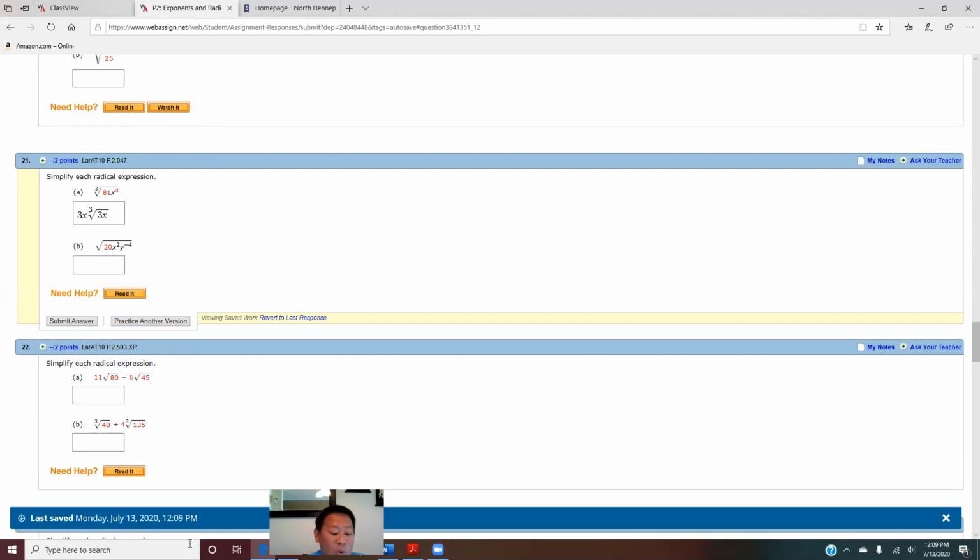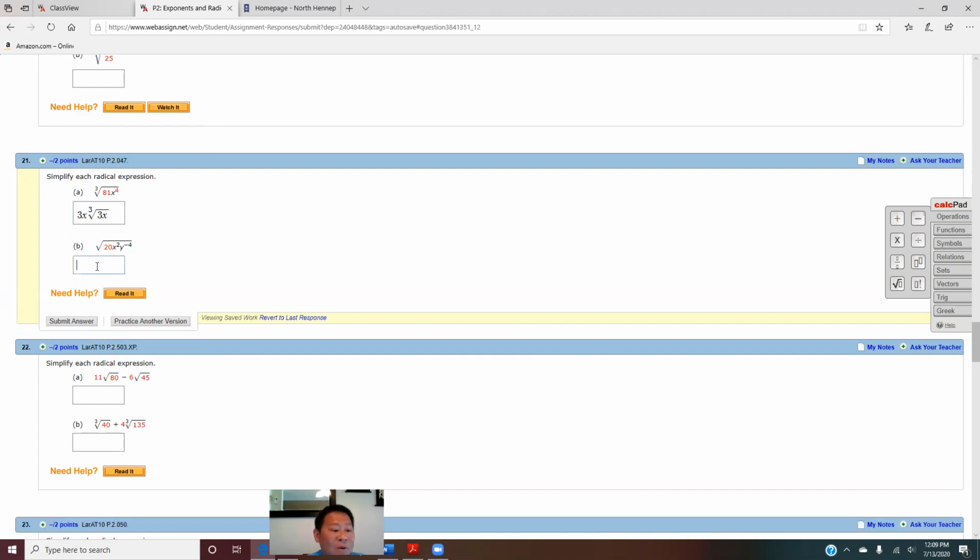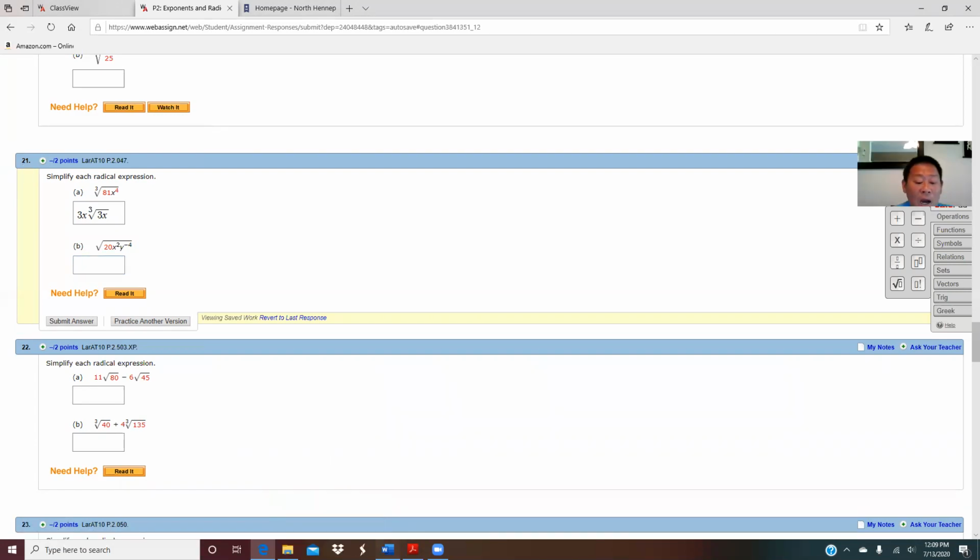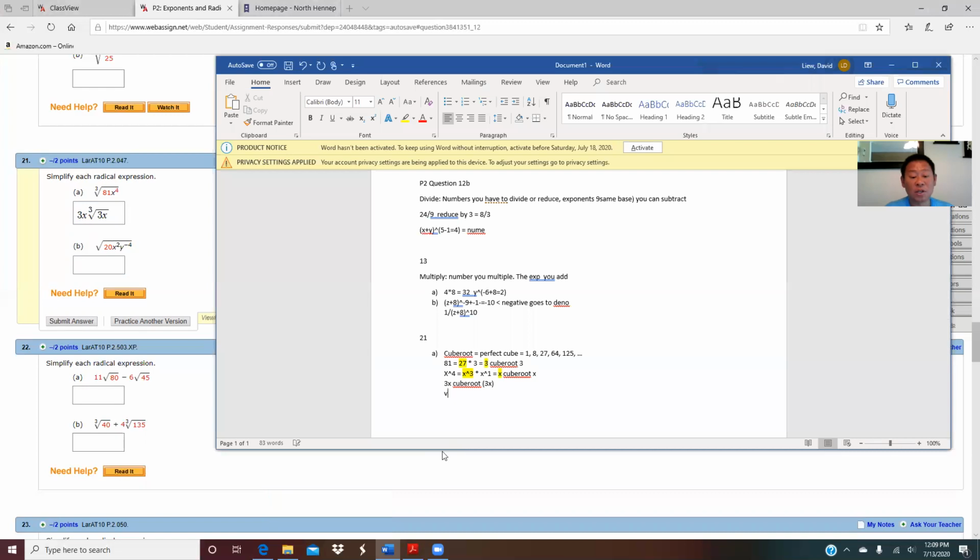Those students who do question 21B, make sure that your absolute value has to be written down. A lot of students, when they do question 21B, are missing the absolute value of x.